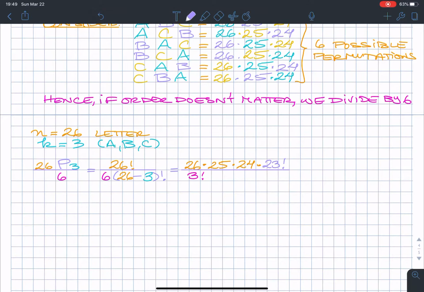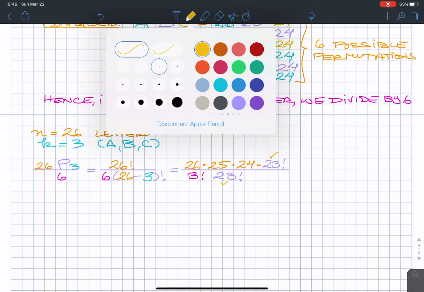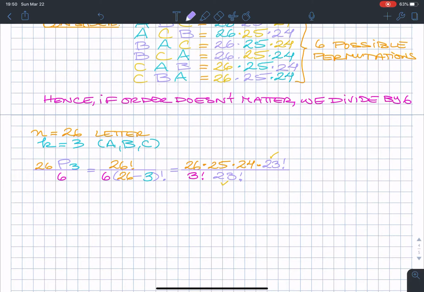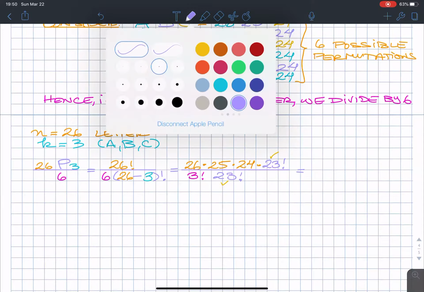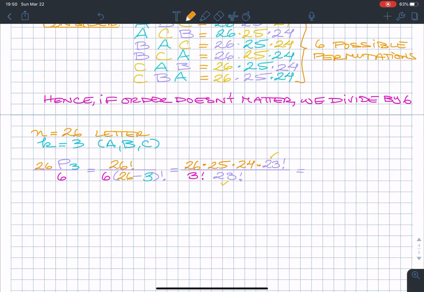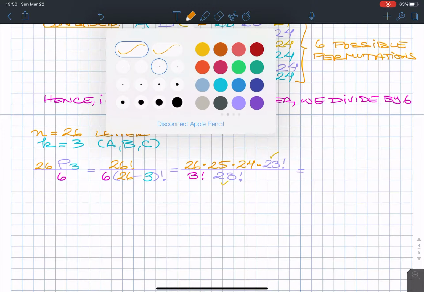And then 26 minus 3 will be 23 factorial. So I can then reduce the 23 factorial. I didn't know why I bothered to do that, but anyways. So what do we have?